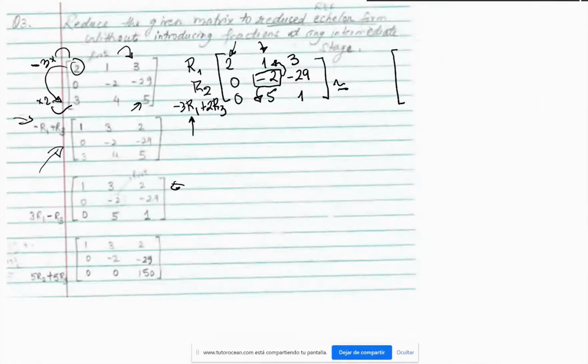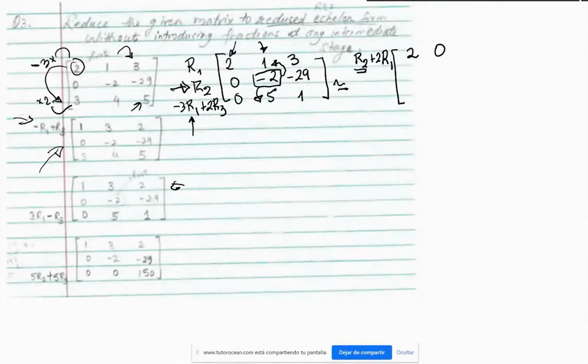Then I have to multiply, this is the pivot, okay? Then I say row 2, which has a minus 2, plus 2 row 1. That is the pivot. Then I get 2, row 2 plus 2, a 0, yes?